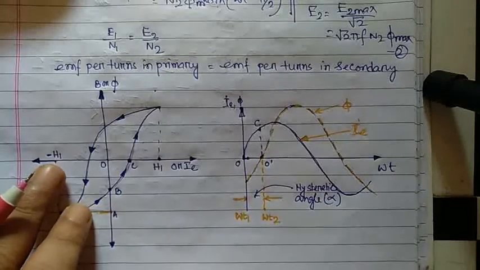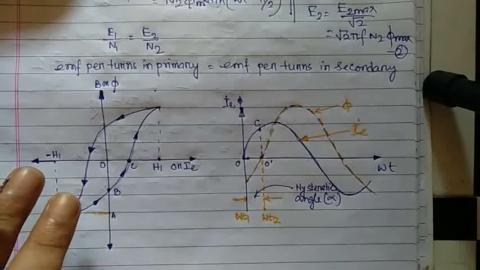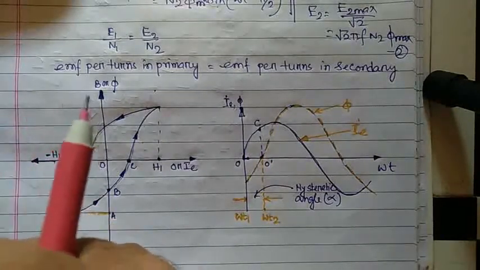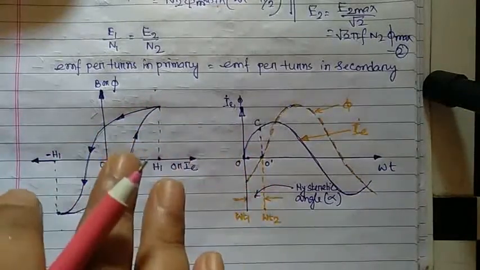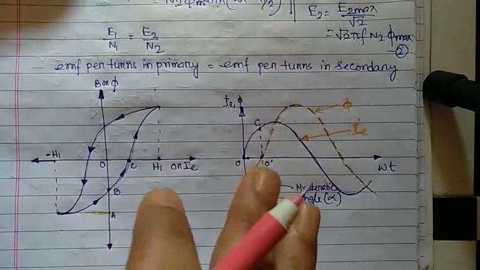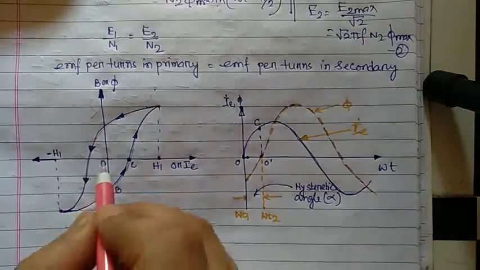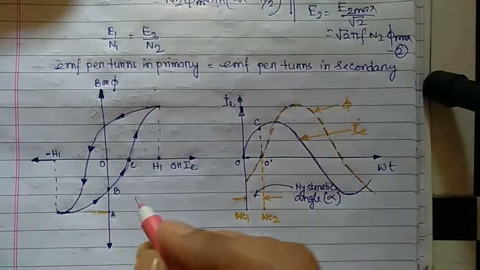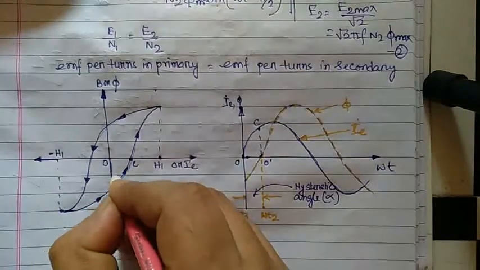Now magnetic force H1 decreases, so the exciting current also decreases, as we take both H and IE on the same axis, and it becomes 0. At that time the flux density or flux is equal to OB.